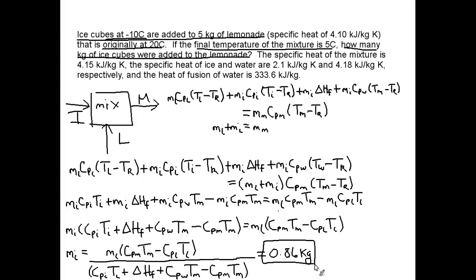If you leave out that negative sign, you're going to get a negative mass of ice. So if you keep your signs consistent and you input the information that the problem tells you to, you end up with 0.86 kilograms of ice. Which means if you wanted to figure out how much mixture you had, you would just add 0.86 to 5 kilograms, which is how much lemonade you had, and you get 5.86 kilograms of the mixture.